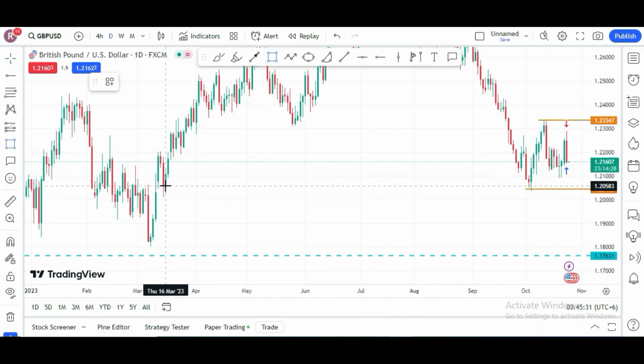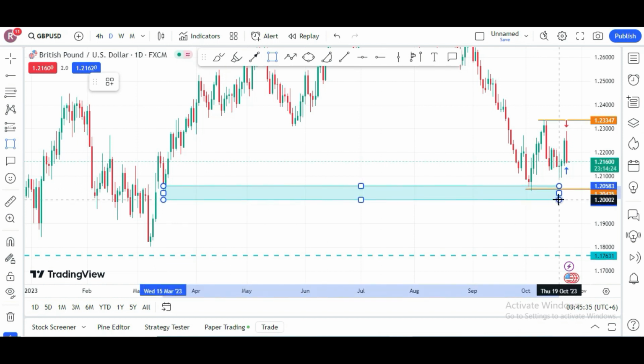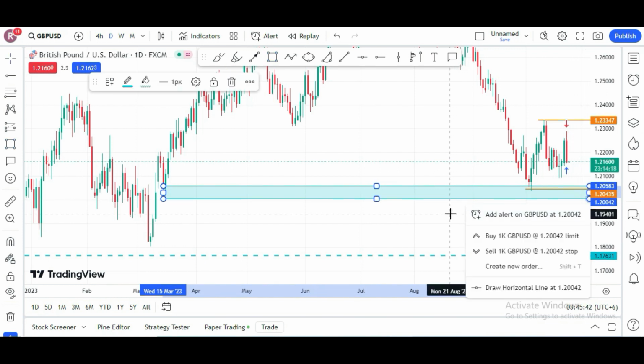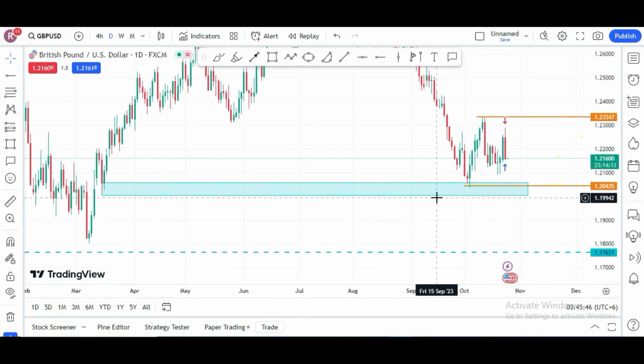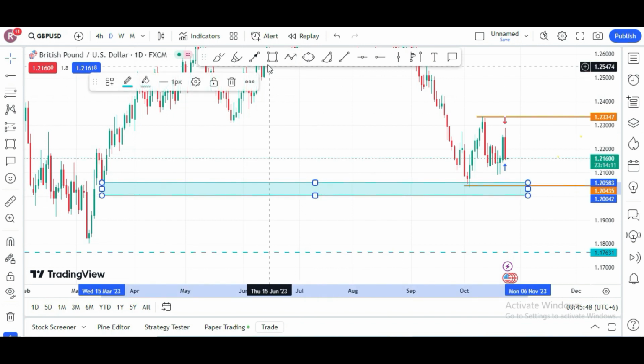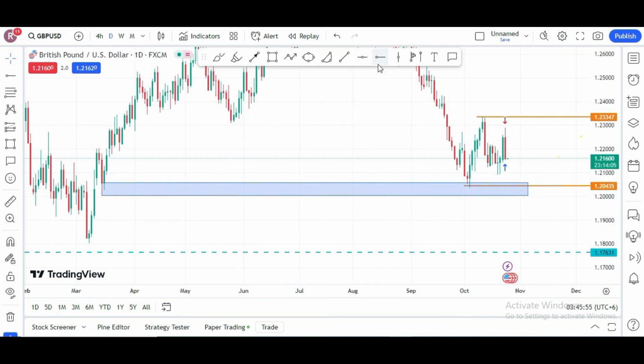So let's take this and mark it. It is formed in day. And this is our border line.